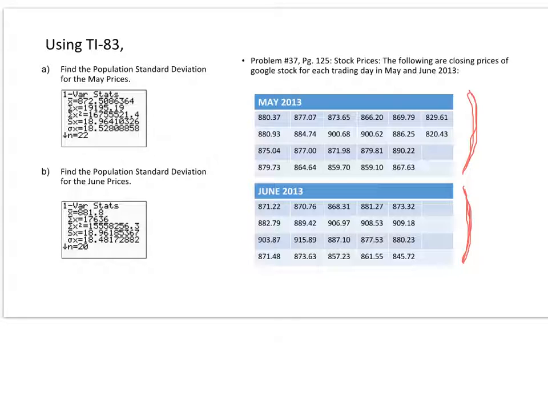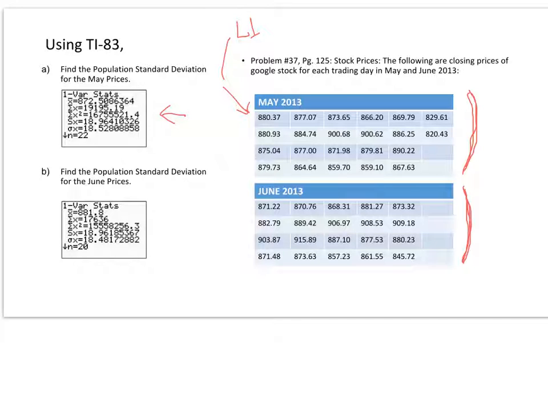So again, what we're going to do is enter this data set into L1 under the stats key. We go over to one variable stats and we hit L1, and here are the results of the May prices.